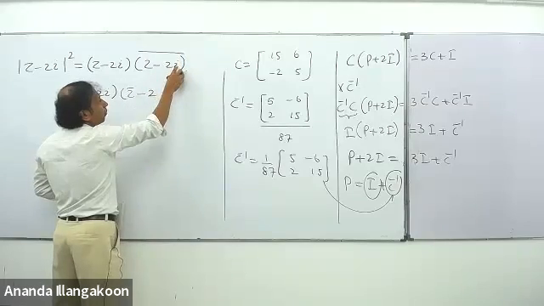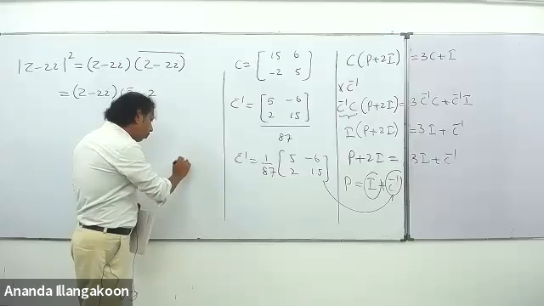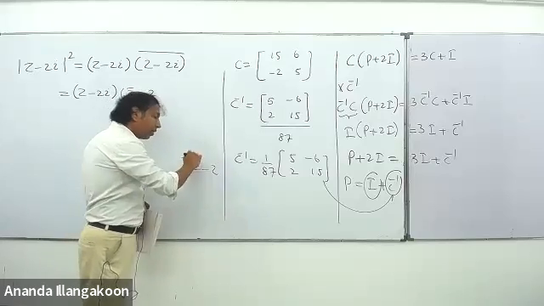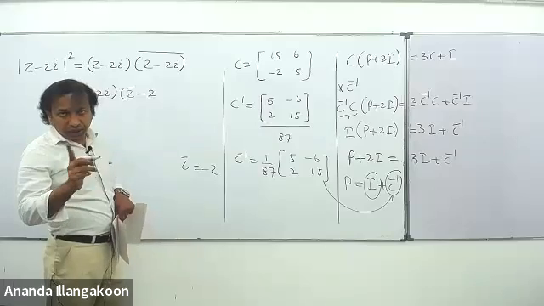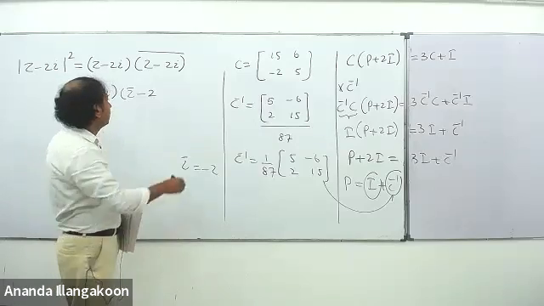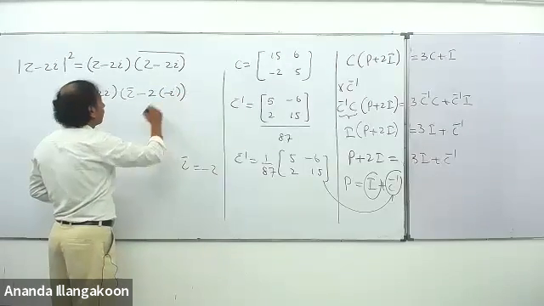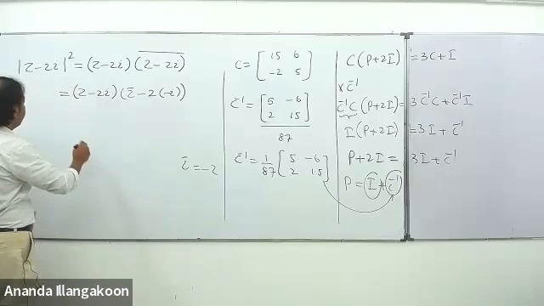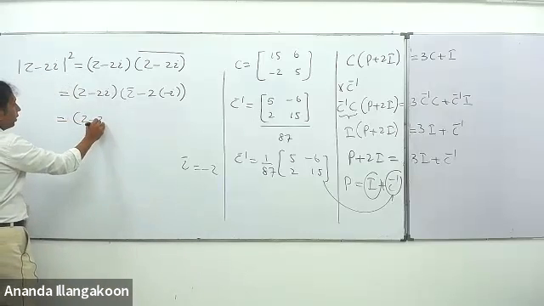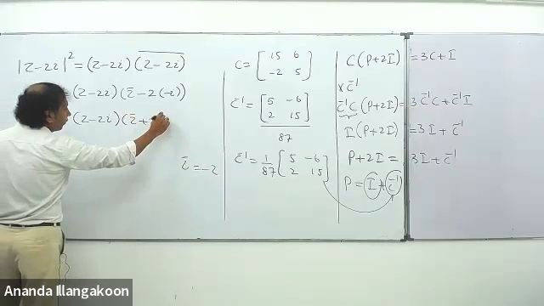The conjugate we have to apply on I. The conjugate of I is minus I. Remember, the conjugate of I is minus I. So therefore, this is minus I. Now what do you get? Z minus 2I, Z bar plus 2I.